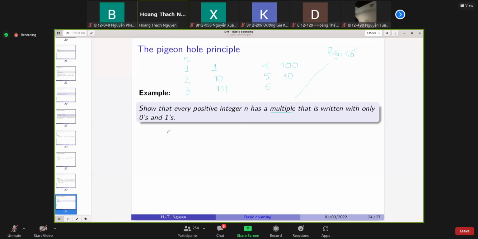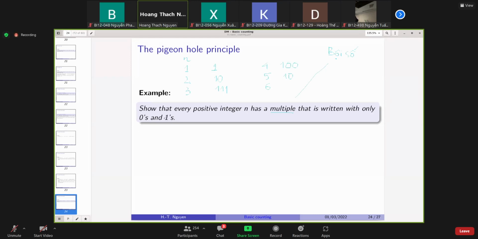So I will write it here. Here I will denote the holes by sets. We will divide every positive integer into sets, into categories, or you can imagine them as pigeonholes.